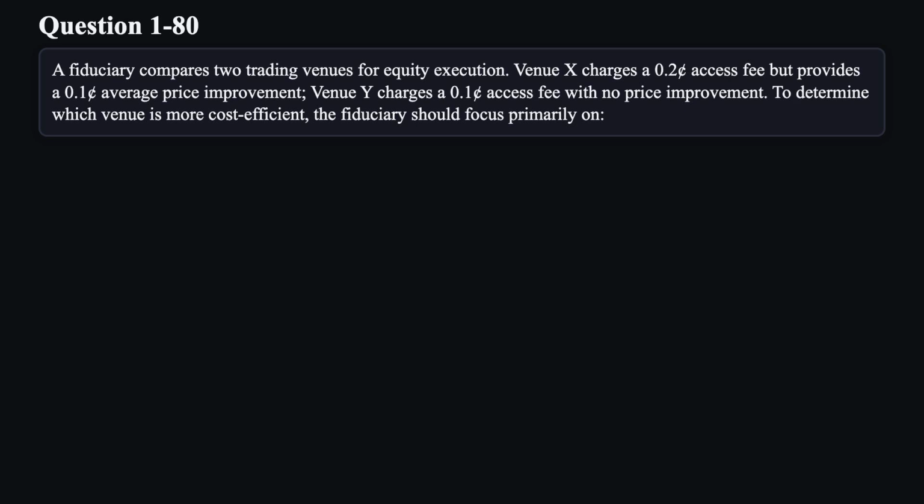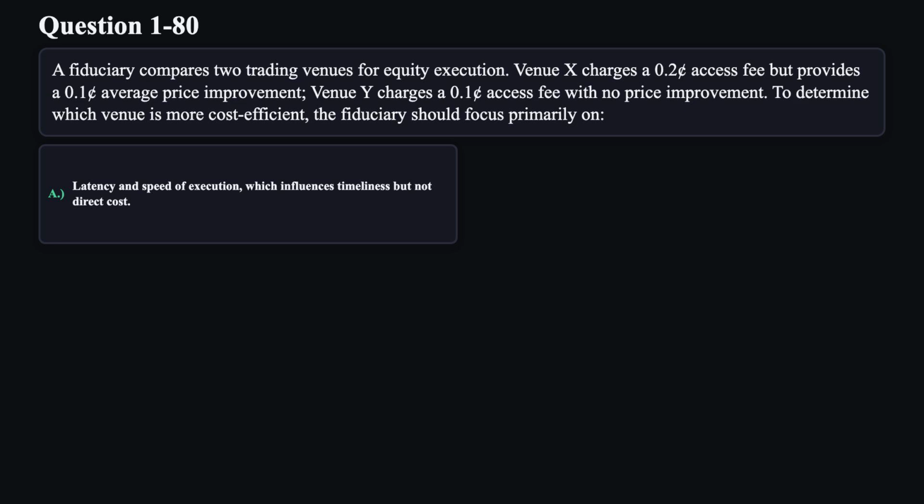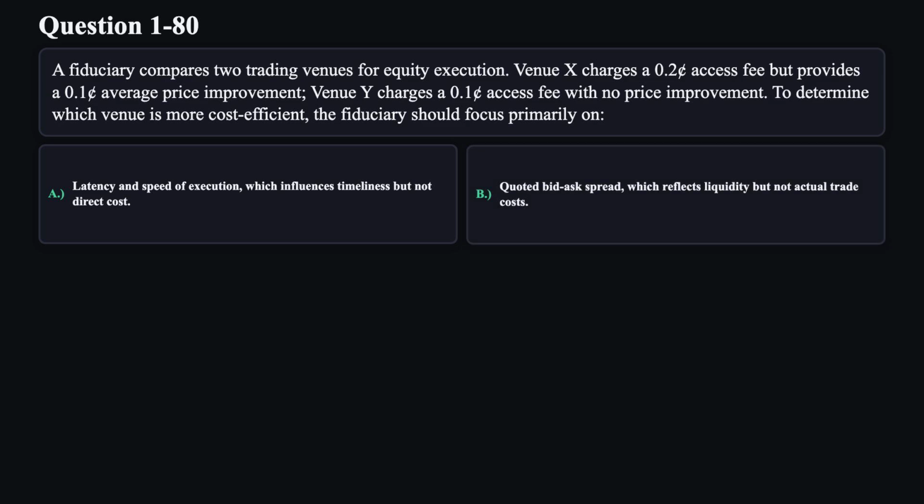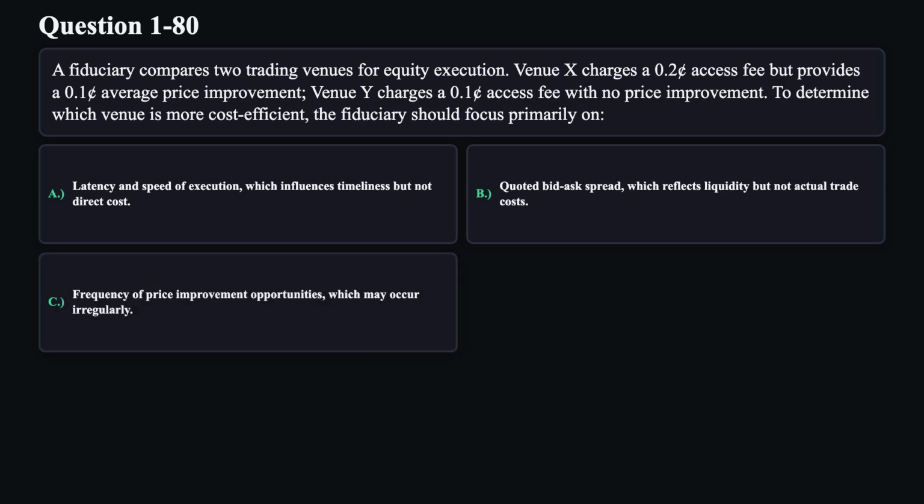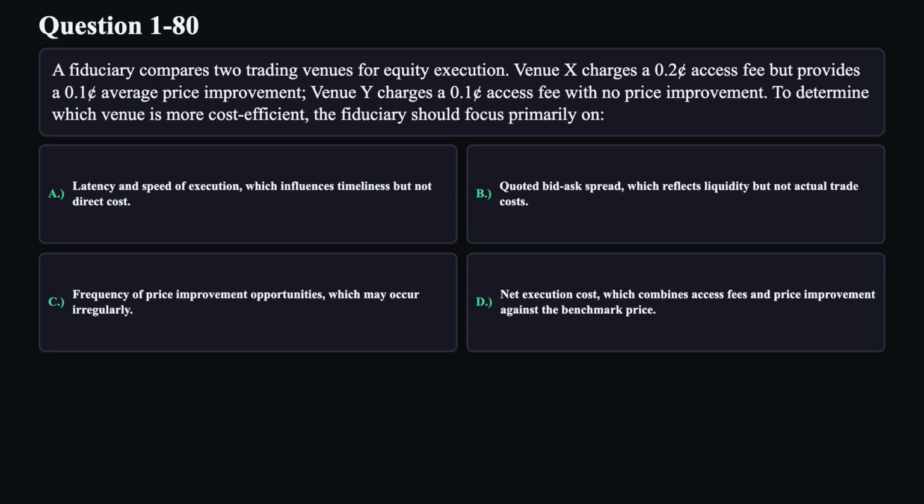To determine which venue is more cost-efficient, the fiduciary should focus primarily on: A. Latency and speed of execution, which influences timeliness but not direct cost. B. Quoted bid-ask spread, which reflects liquidity but not actual trade costs. C. Frequency of price improvement opportunities, which may occur irregularly. D. Net execution cost, which combines access fees and price improvement against the benchmark price.